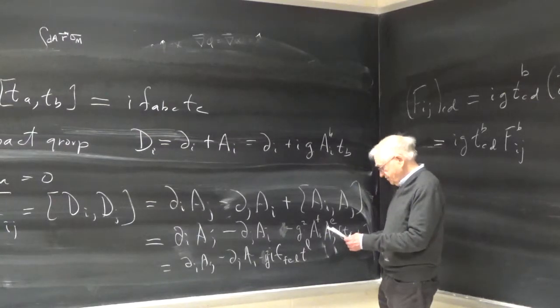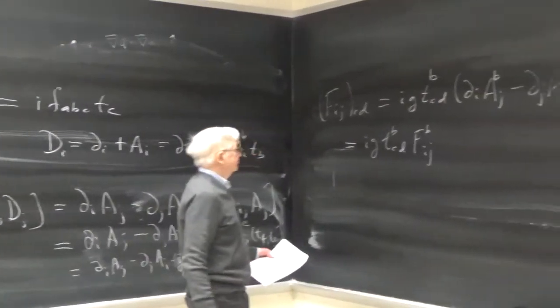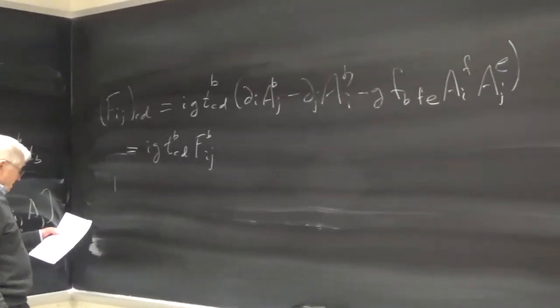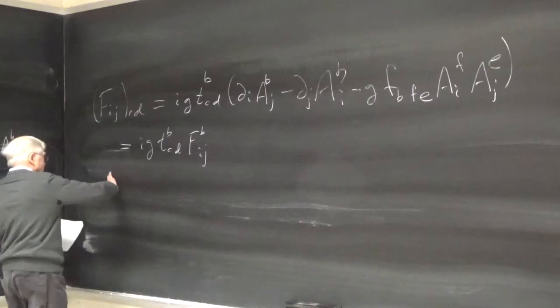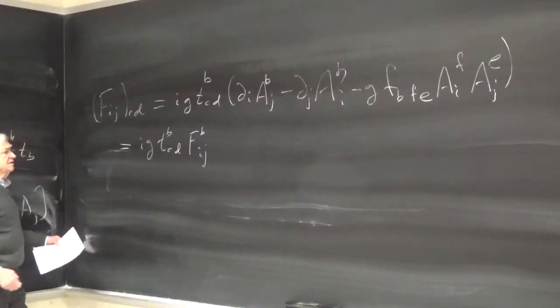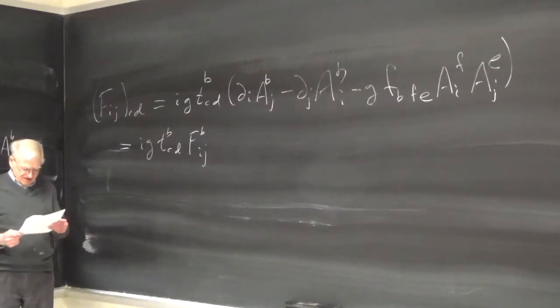And so one of these equations is wrong, or maybe the equation I haven't written down yet is wrong. So I'll leave it to you to straighten out the i's and the minus signs.